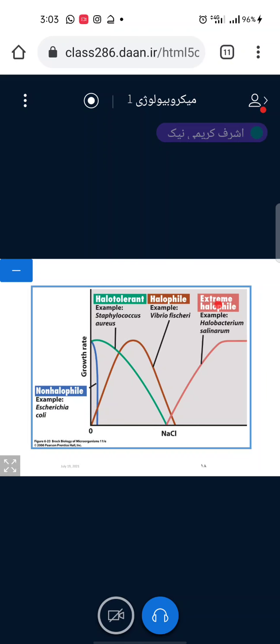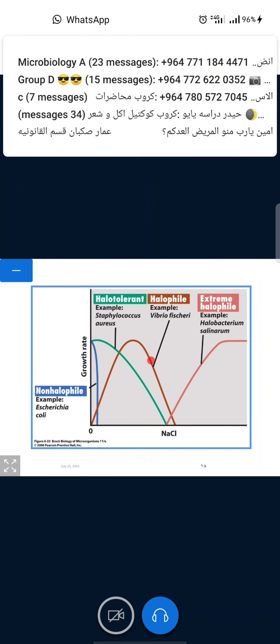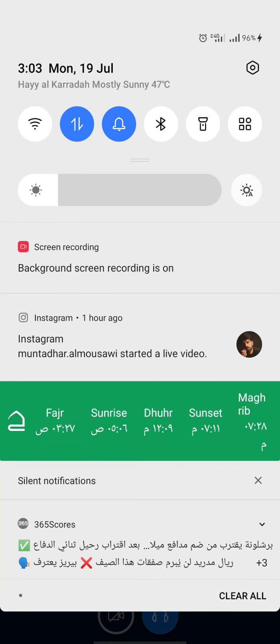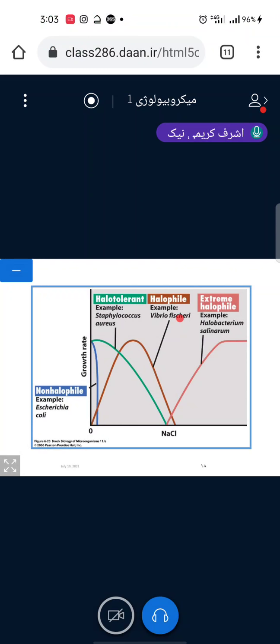Extreme, for example, Staphylococcus, non-halophile, for example, Escherichia coli.